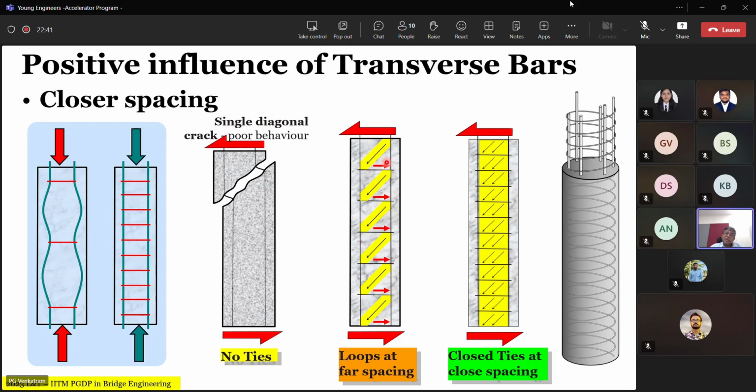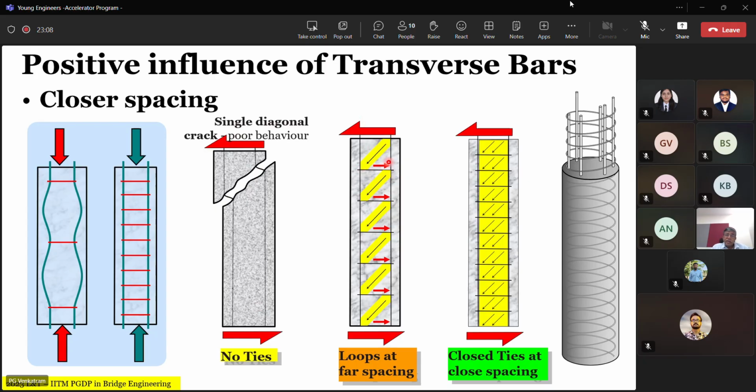It will take some amount of the lateral load by the formation of this yellow colored patch, which is the compression strut, and this red color is the tension tie, and with that process it takes the horizontal load to the base without failure. So it's an improvement on this poor behavior by introducing the ties.